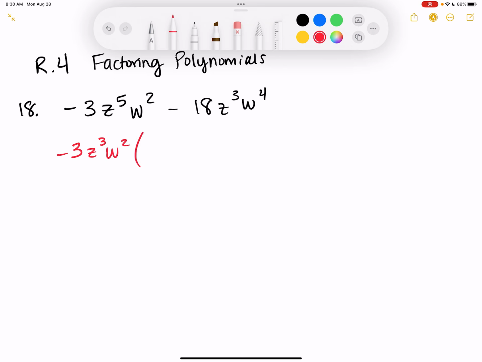And so then when you take that out of each piece, you are left with z squared in the first one, and then plus 6w squared. And that's all these ones want us to do, is just to take that out.